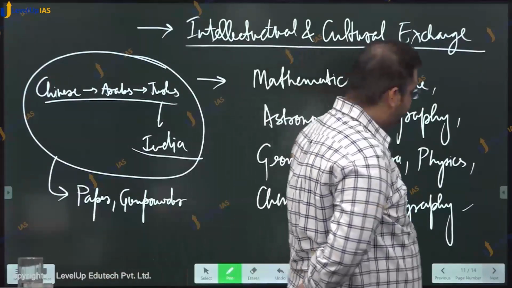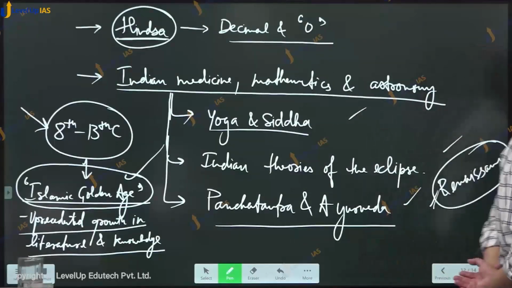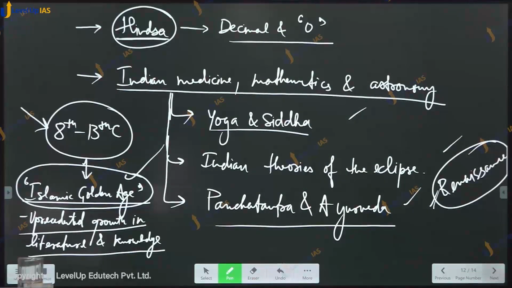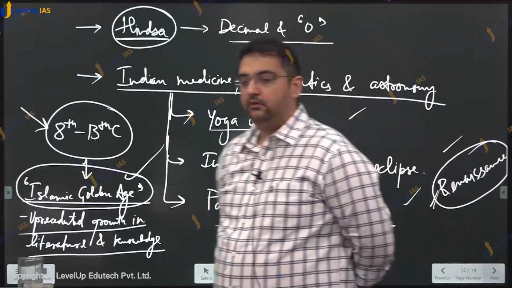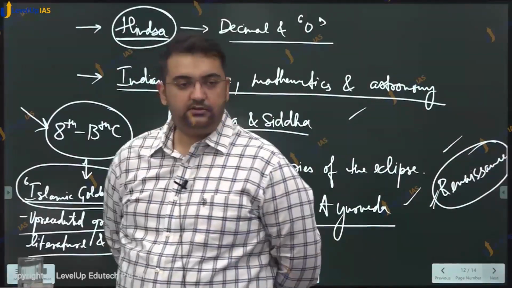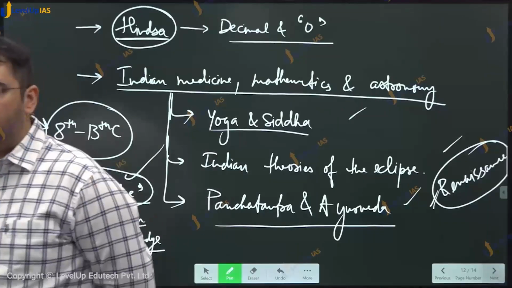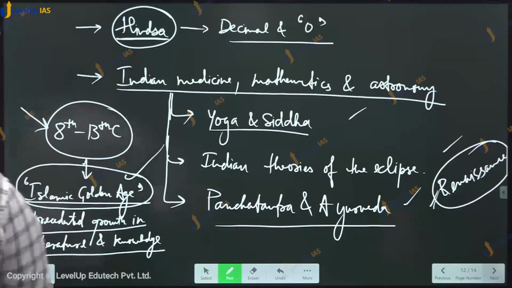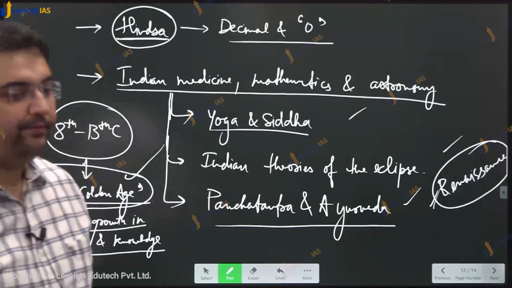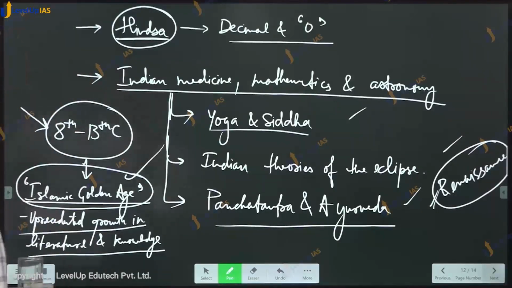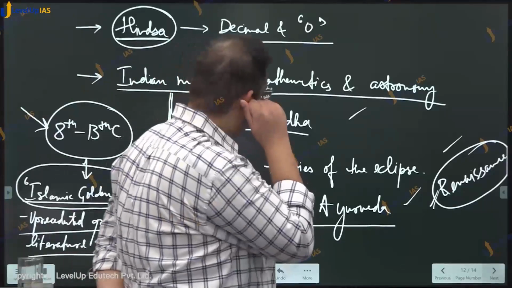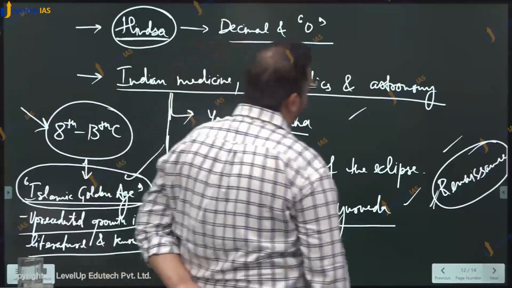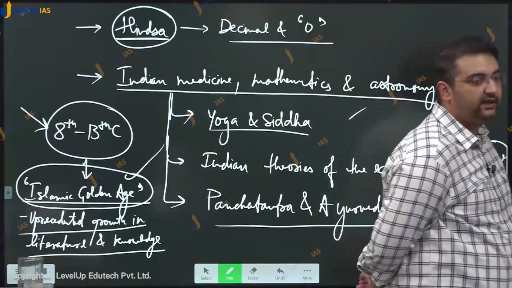Next point. The Arabs, कितने हुए? 4 हुए ना, नंबर 5. Fifth, the Arabs also benefited from their contact with Indians.